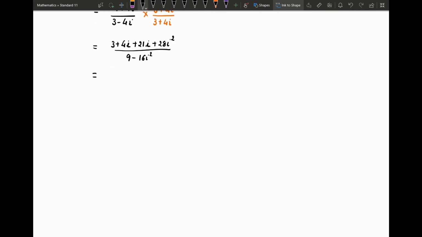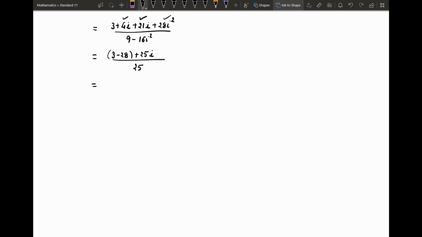I square is minus 1, so in the denominator 9 minus 16, i square is minus 1, minus minus plus, so 9 plus 16, 25. Here i square is minus 1, so 3 minus 28 plus 21 plus 4i, upon 25.